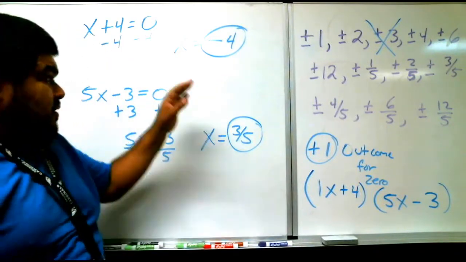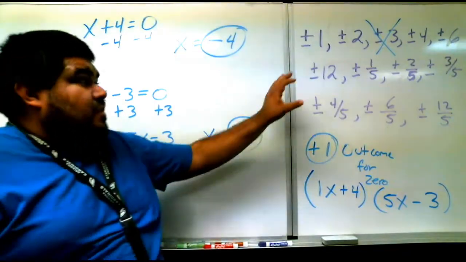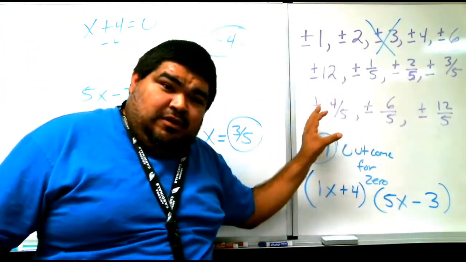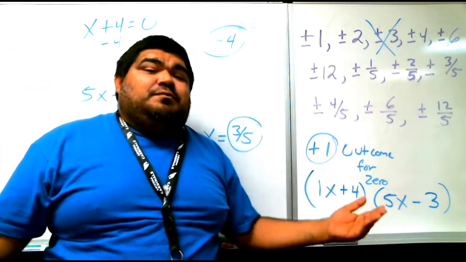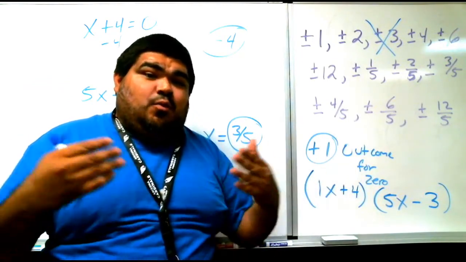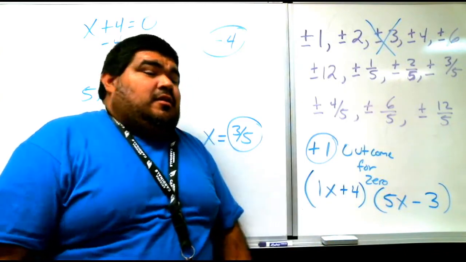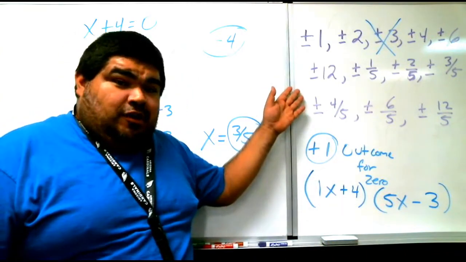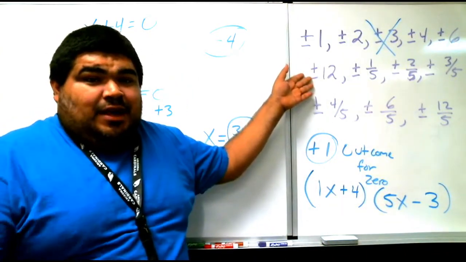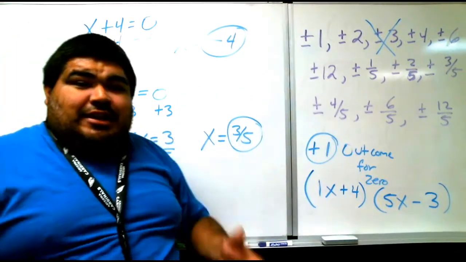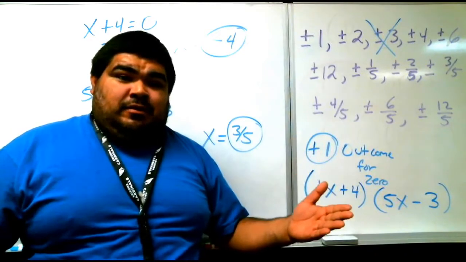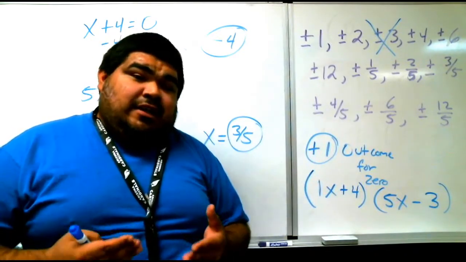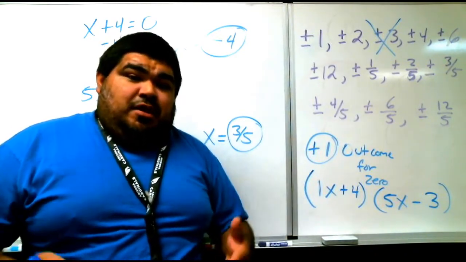Like I said, we could have done it this way, or we could have gone back and tried to plug in as many as we could with trial and error at the beginning, which I feel like is a lot more work. You choose the way you want to do it. If you want to do it trial and error, that's fine. If you want to break it down into the quadratic, it's fine as well. I'll accept either one. Make sure you find all the answers to your problems.